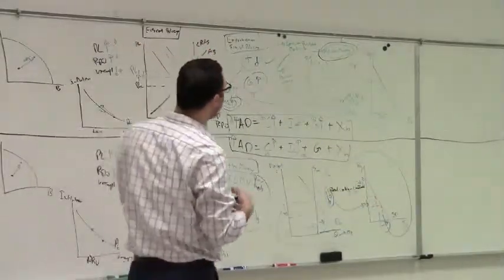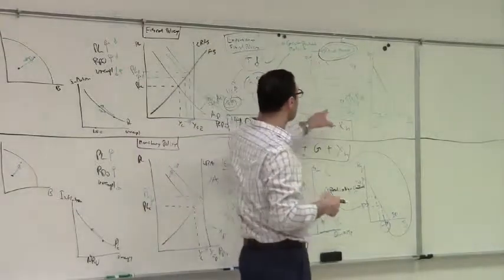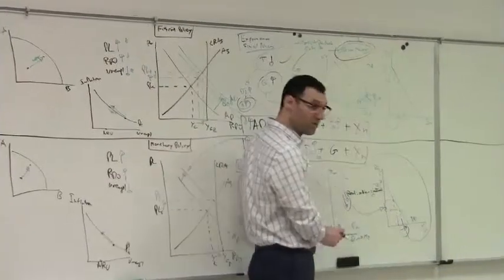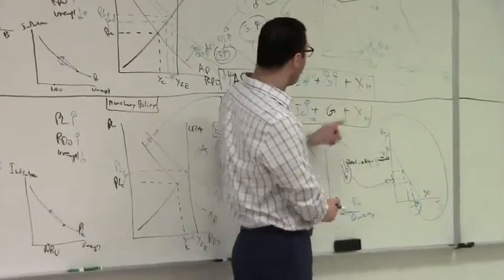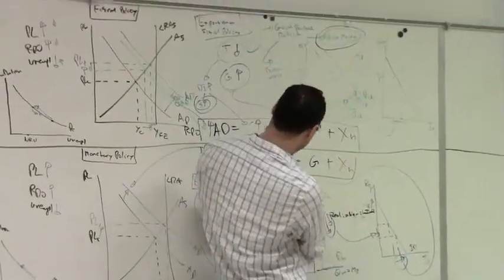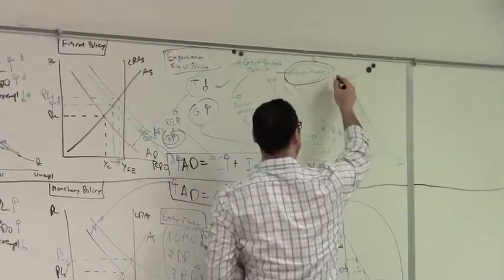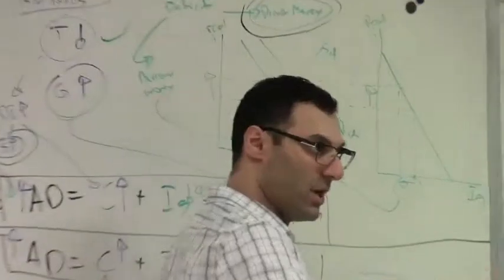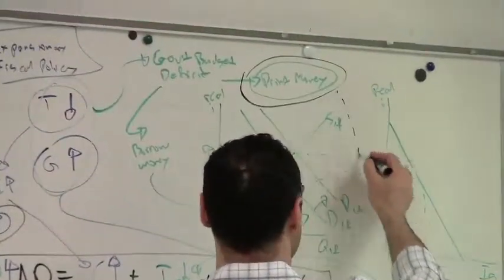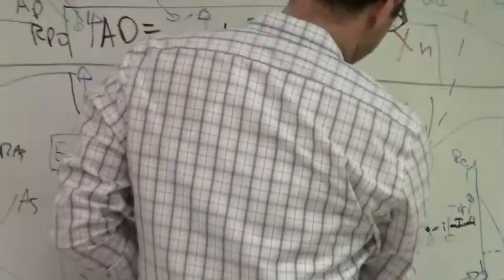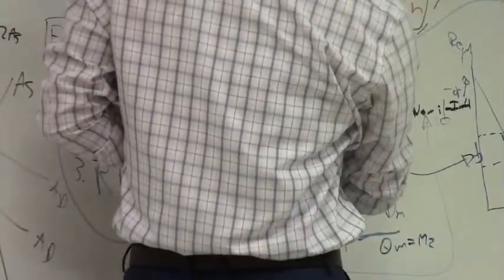But this is going to affect the supply of money, not just the loanable funds, right? So that means that's this market right here, this graph. I wish I had more room so I could actually draw the new money market somewhere out there and link it to that. But that's why it's useful that hopefully you're understanding what I'm doing right now, that I'm going to come back and say, as a result of this, what's going to happen is that the supply of money is going to increase.